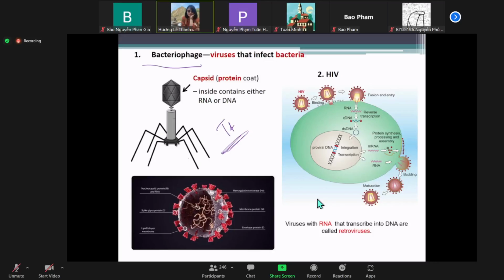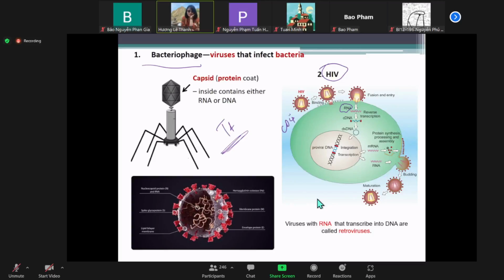And the second is the retrovirus. We have a representative, like HIV. For HIV, first, they will bind to the surface of our CD4 immune cells, and then they can release the RNA into our cytoplasm.